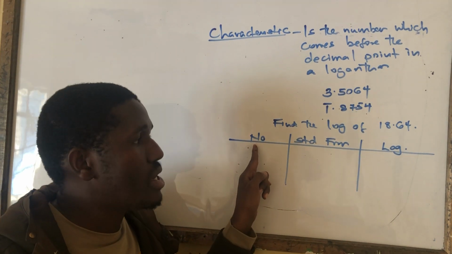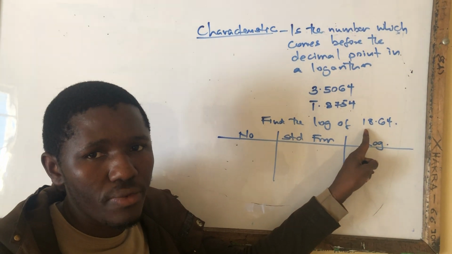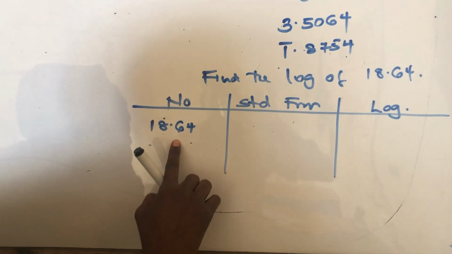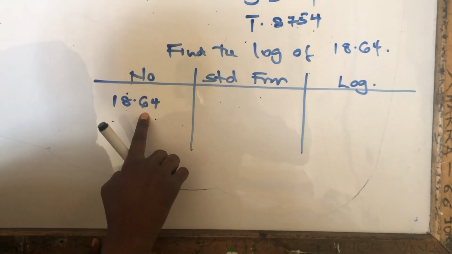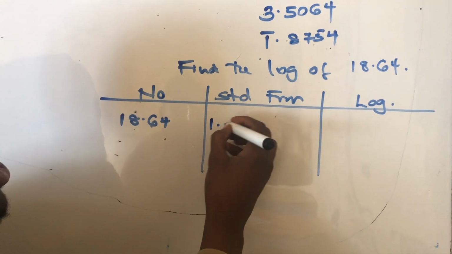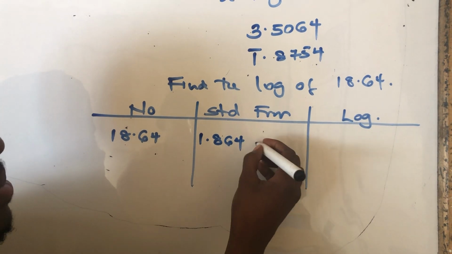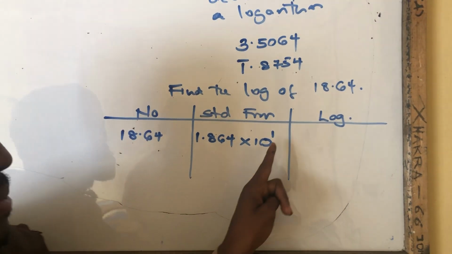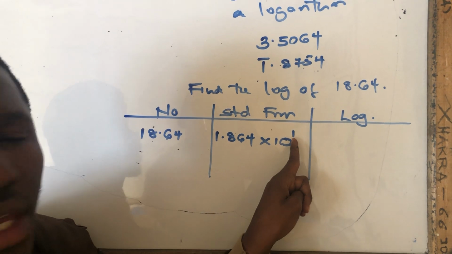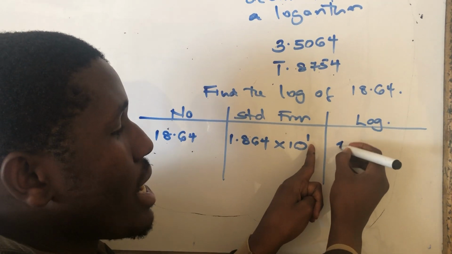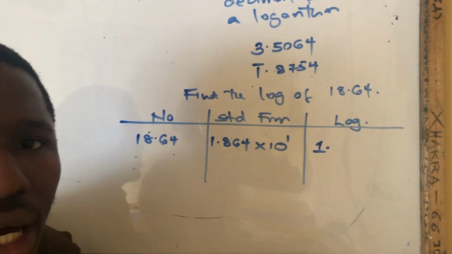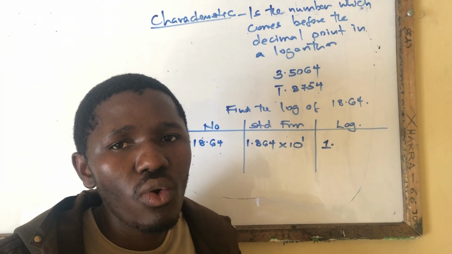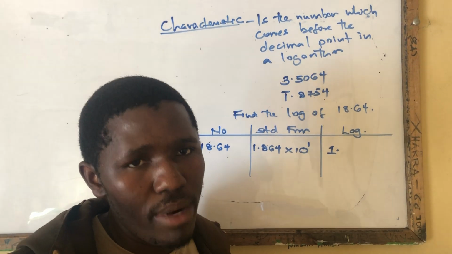The number in this case becomes 18.64. What is 18.64 expressed in standard form? This should be 1.864 times 10 to the power of 1. This power of 10, which is 1, is what we refer to as the characteristic. It is the number which will come before the decimal point when finding the log of a number.